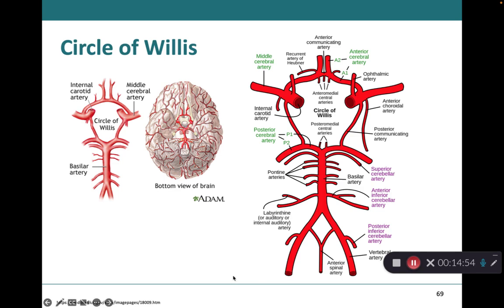It could cause deafness or tinnitus, which is ringing in the ears, since this is like the auditory artery. If it affects the middle cerebellar peduncles, this could cause ataxia, which is poor coordination, poor muscle tone, and poor balance. So you lose your balance.